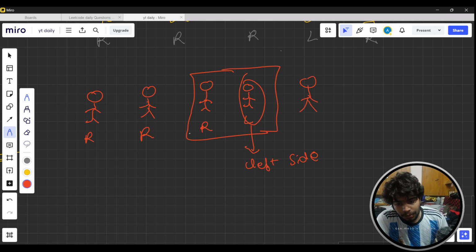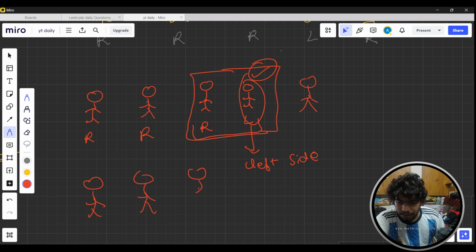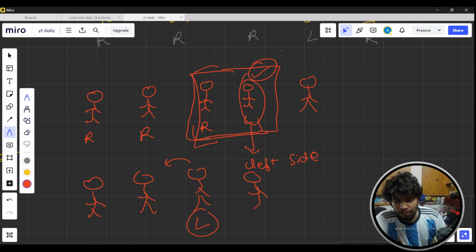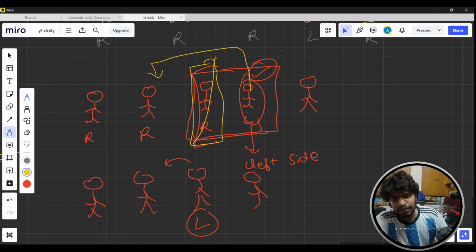Okay, so this robot will collide with this robot. Let's say my left moving robot will win. So next time I will have a robot like this, and this robot is moving in left. This robot gets killed, and now this will be fighting with this robot. Does it make sense?